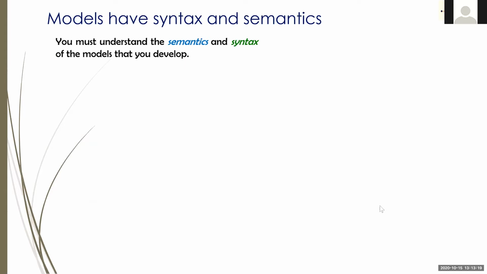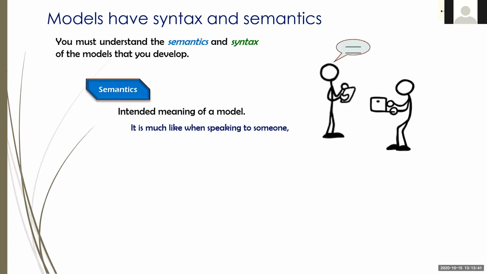Now, talking about syntax and semantics, this is a very important aspect of the models, and it is what distinguishes them from informal models or from the textual representation. So your model should have semantics, which is the intended meaning of the model, okay?